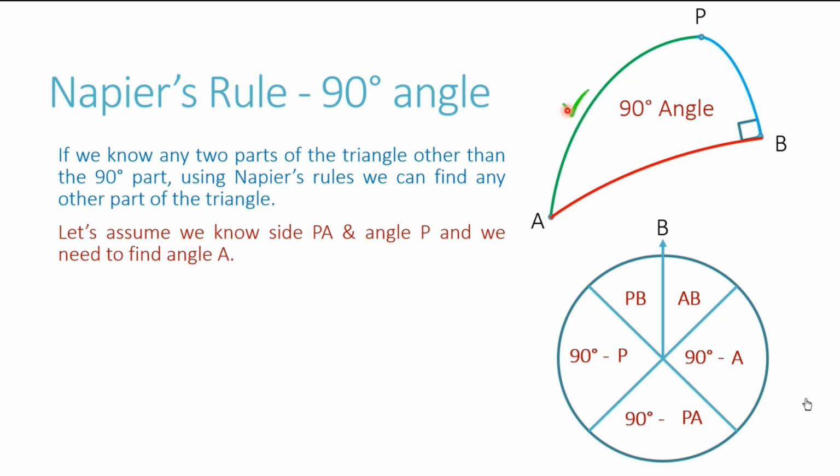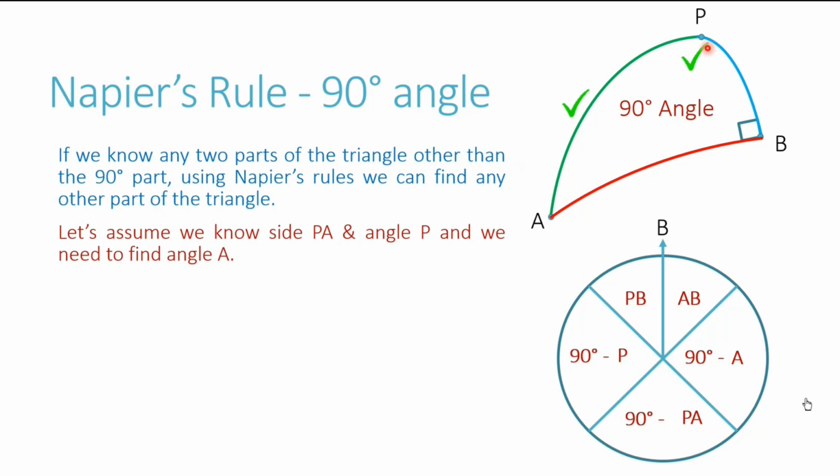Let's assume that we know side PA, Papa Alpha side. I have shown a tick mark here representing that this part is known to us. And we also know angle P. So again, you see a tick mark coming at angle P. These are the two parts of the spherical triangle PAB which are known to us.